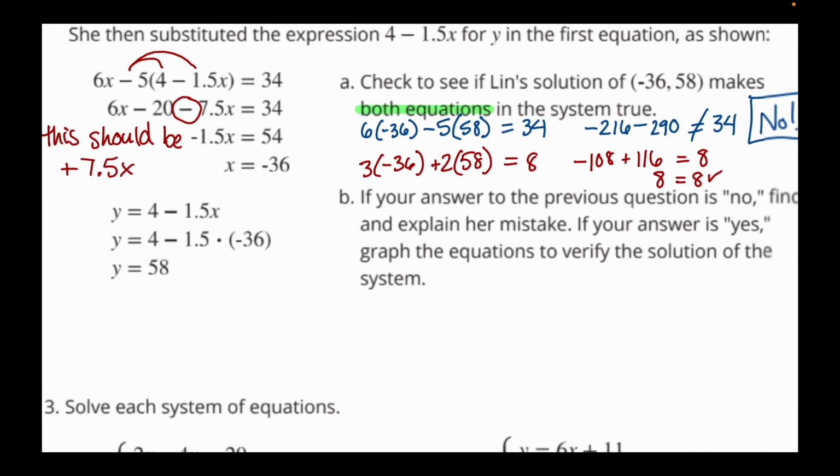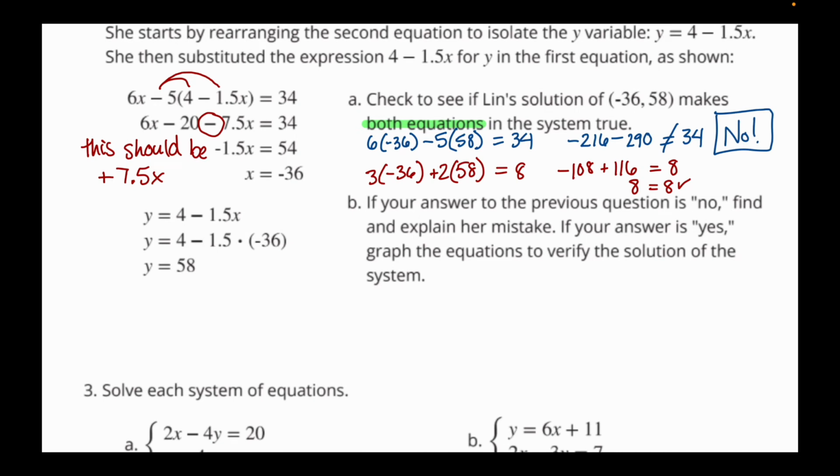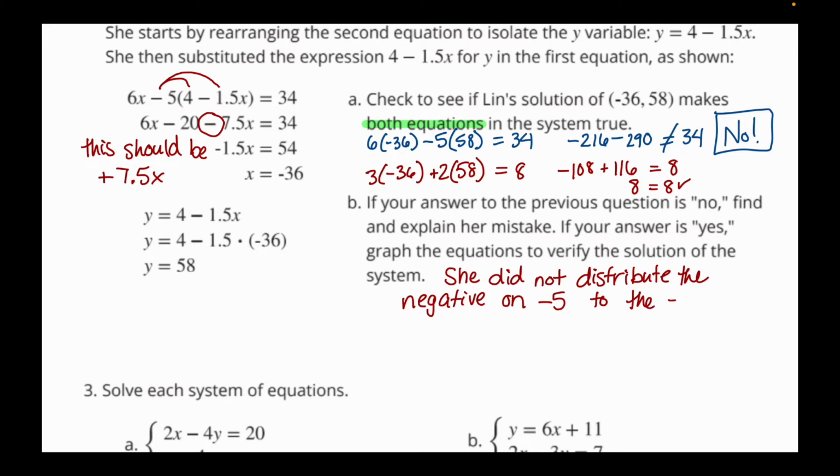So how can we explain her answer? He did not distribute the negative on negative 5 to the negative 1.5x.